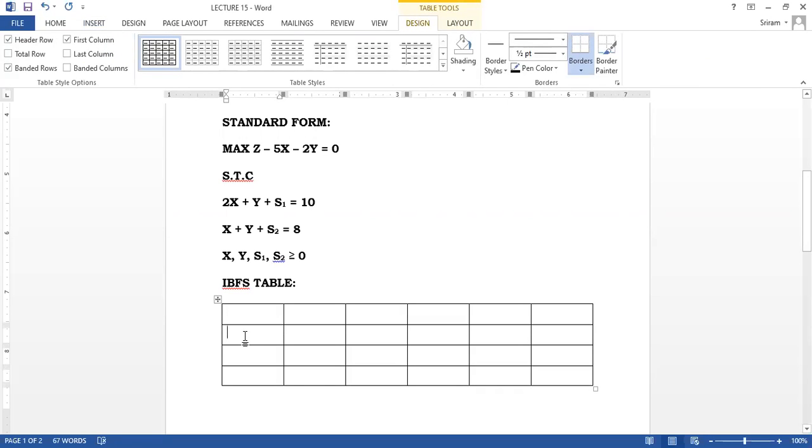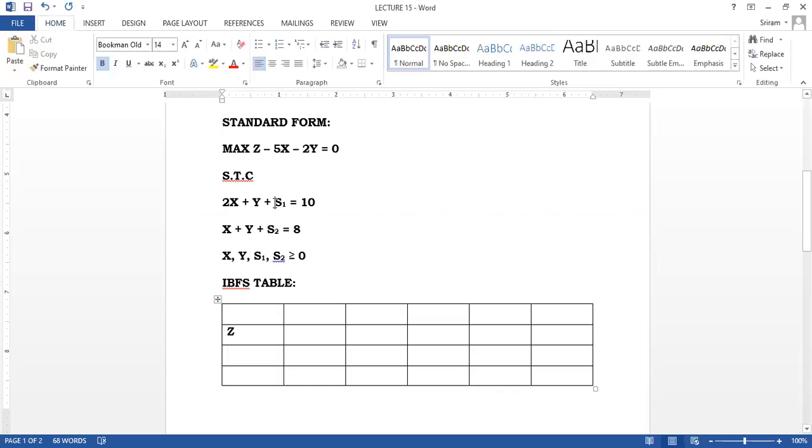Row wise, we are going to take Z, and the newly added variables. I have added two variables, which are called slack variables, one is S1 and one is S2. So I am going to take Z, S1 and S2 on the rows.